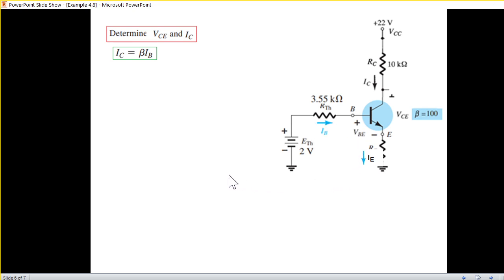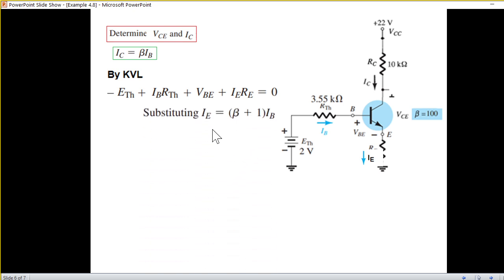So by writing KVL, we start from here: minus E Thevenin, plus IB RB, plus VBE, and plus IE RE. Now, because we want to find IB, we'll substitute IE with IB. So IE can be written as beta plus 1 times IB. We'll put this value here.